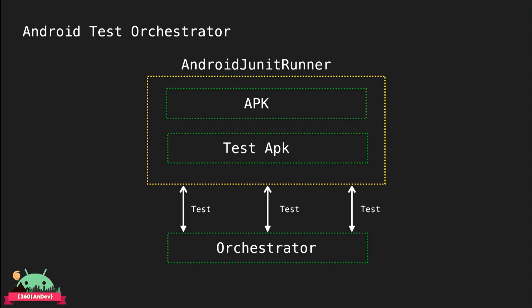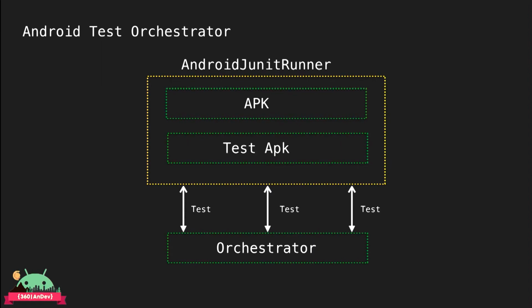How does it work? Imagine that you have the Android JUnit runner, so that's the process. And we are using two APKs, the normal APK and the test APK, right? With Orchestrator, we are going to install a third APK, which is the Orchestrator. This is a background service, and it's going to instrument the app.